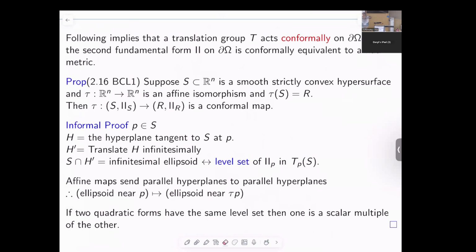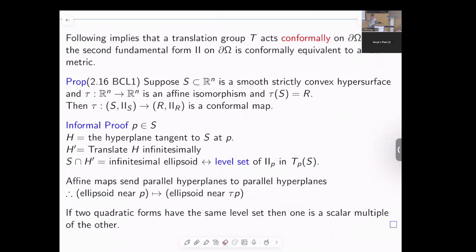Well, there's a metric on that hypersurface coming from the second fundamental form. And the fact is that that affine map is a conformal map. So, for example, if you take the sphere, there's an affine map that rotates the sphere. And of course, that is an isometry. It's a conformal map.